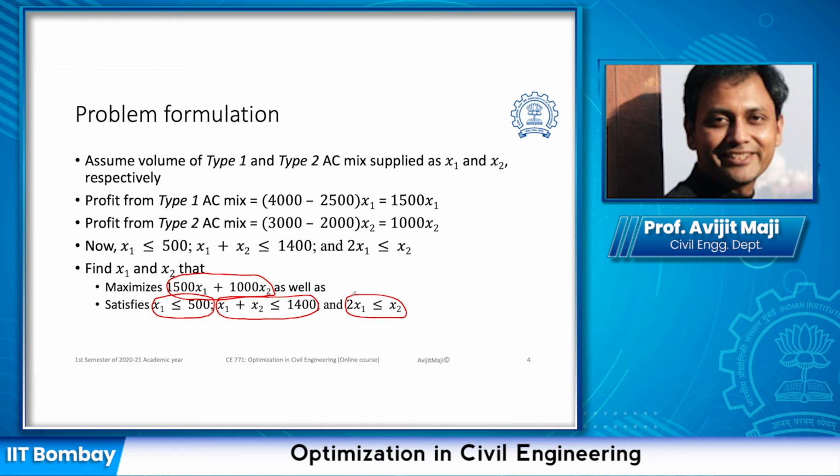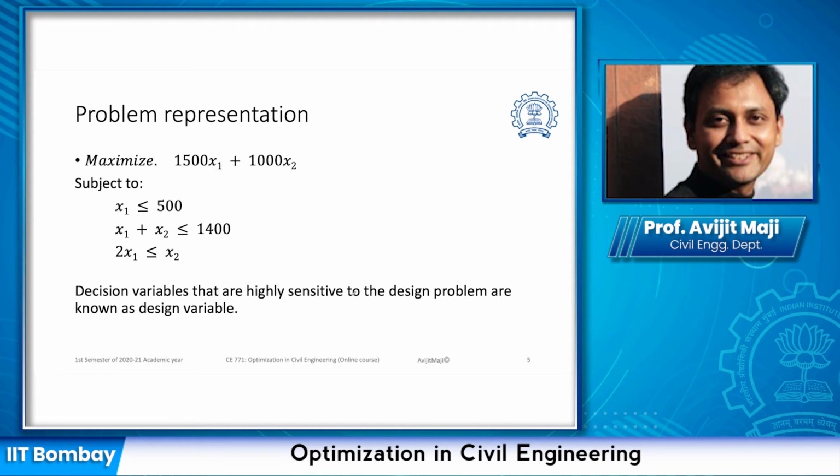So if we want to represent the problem, we can represent it as: maximize 1500 x1 plus 1000 x2 subject to x1 less than or equal to 500, x1 plus x2 less than or equal to 1400, and 2x1 less than or equal to x2.